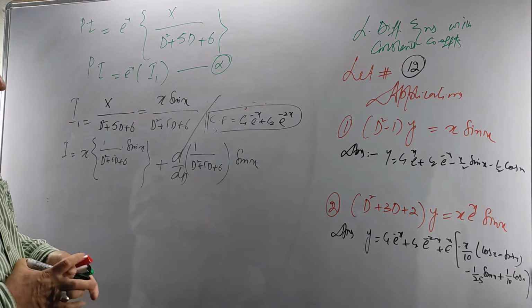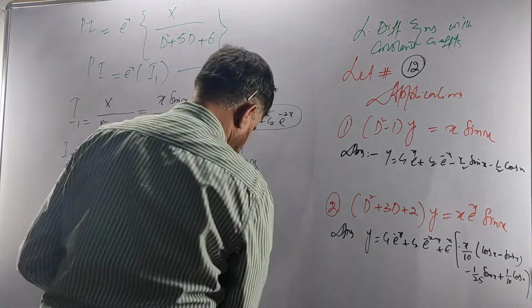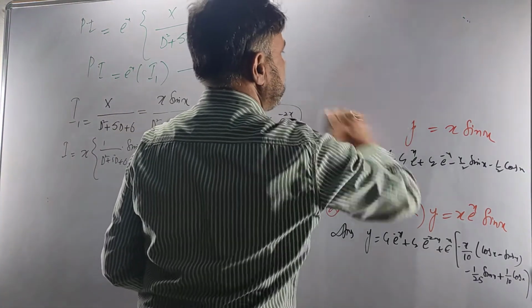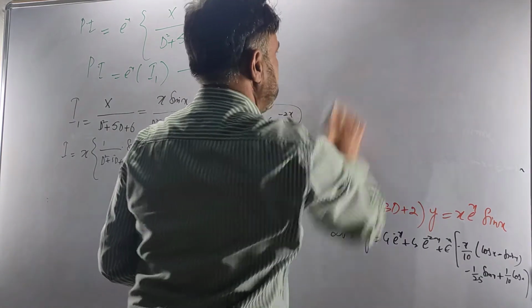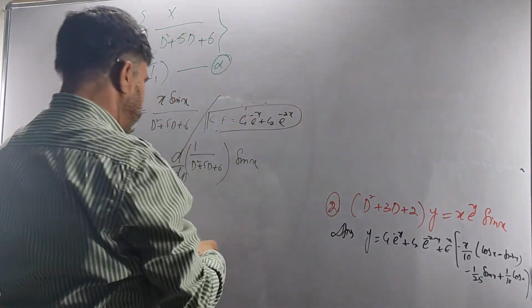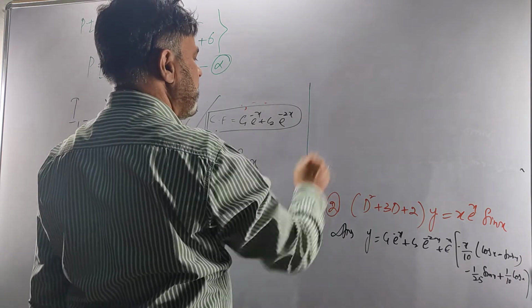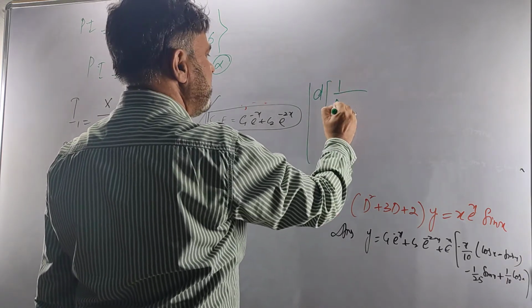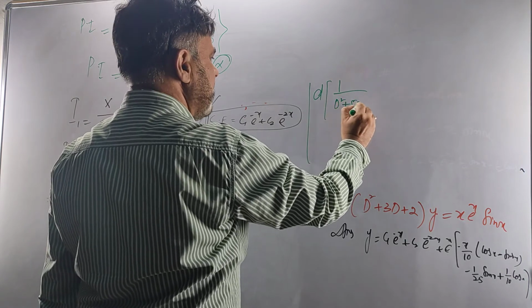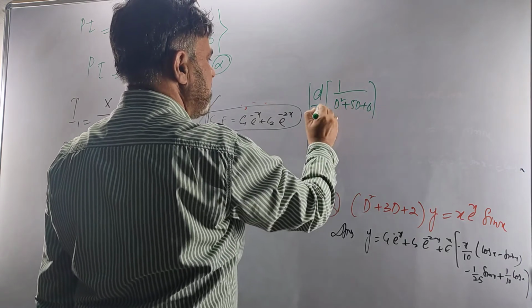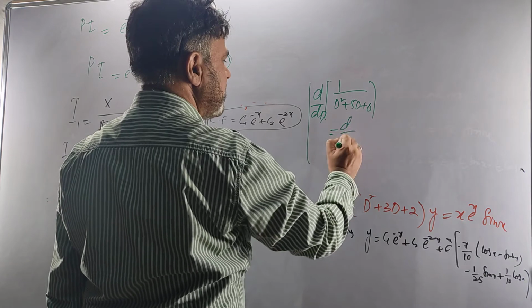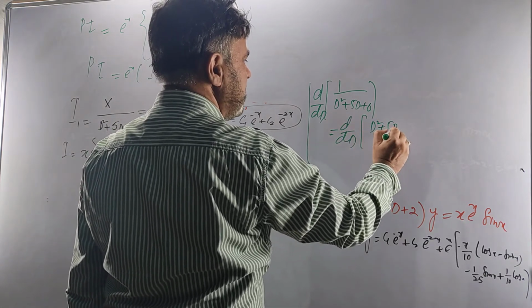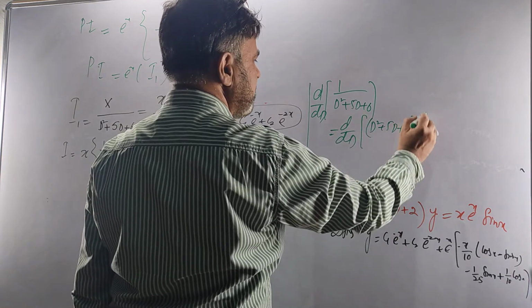Be cautious. Now I will differentiate this separately here. What is the derivative of this? Differentiation of 1 by d square plus 5d plus 6 with respect to d means differentiation of (d square plus 5d plus 6) raised to the power minus 1.